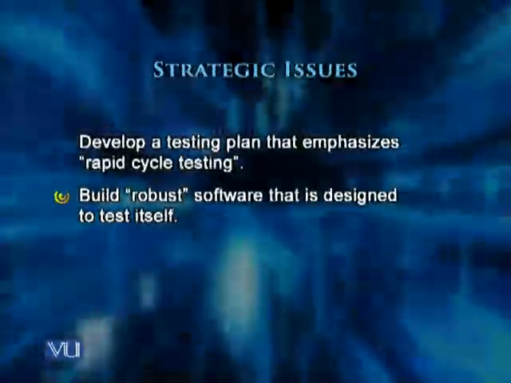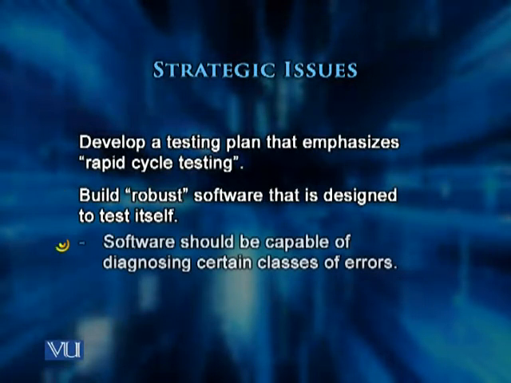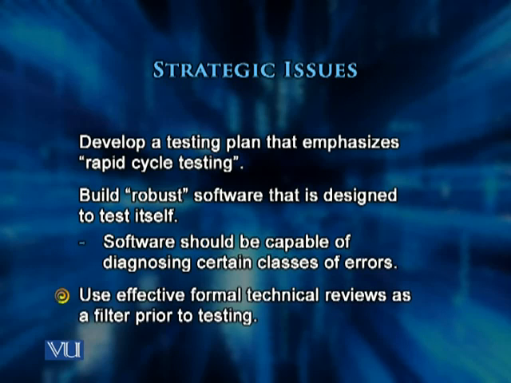We should focus on building robust software that is designed to test itself. What this means is that software should be capable of diagnosing certain classes of errors. We need to use effective formal technical reviews as a prior filter to testing. That is, software testing should be done after having either formal technical reviews or software inspections.